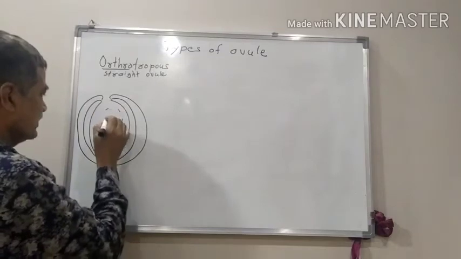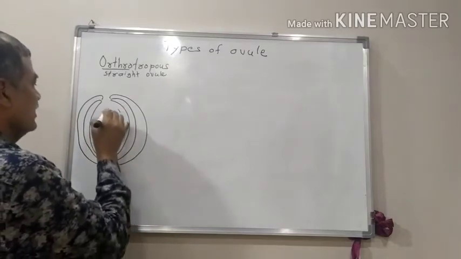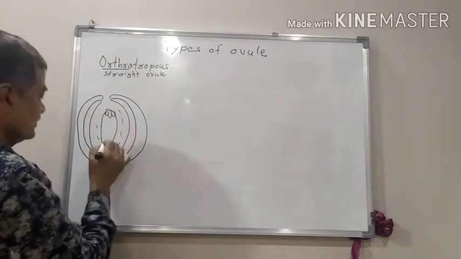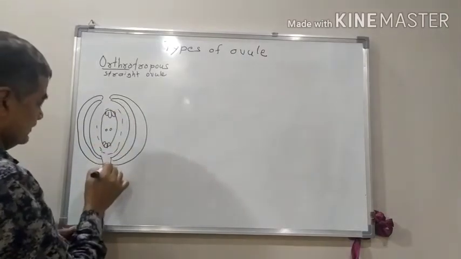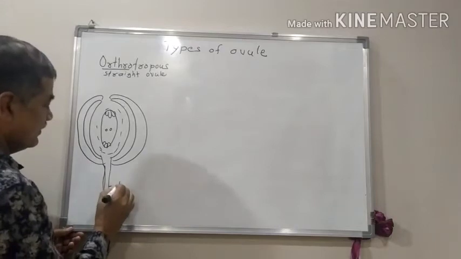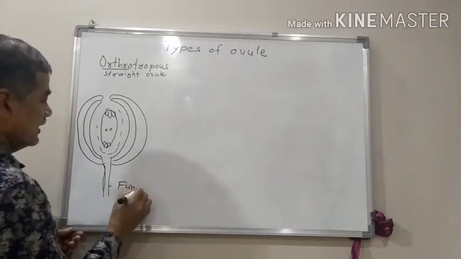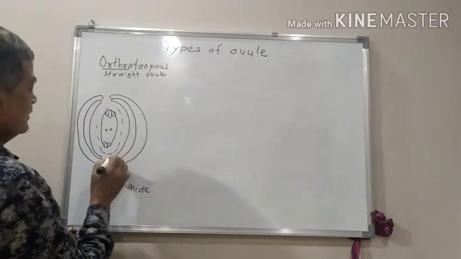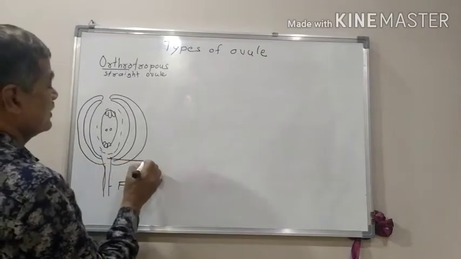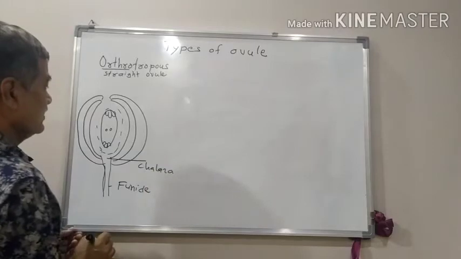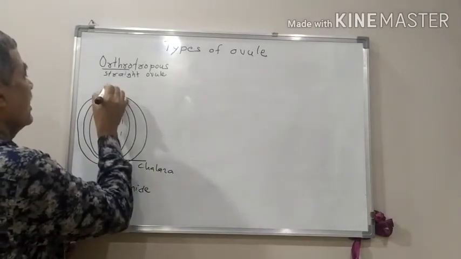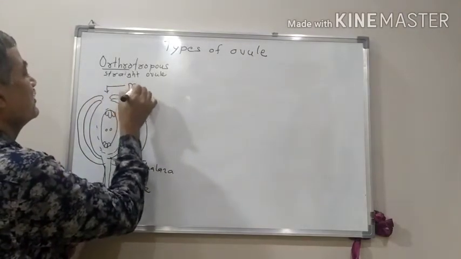In the nucellus there is an 8-celled structure, that is, the embryo sac. This one is the funicle. The base where the integuments arise is known as the chalaza, and at the upper portion they have the micropyle.